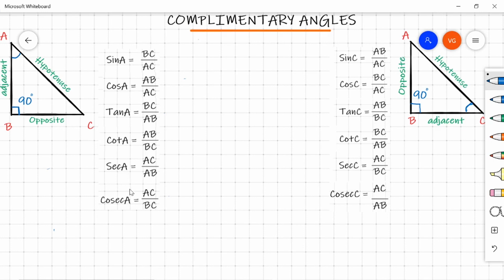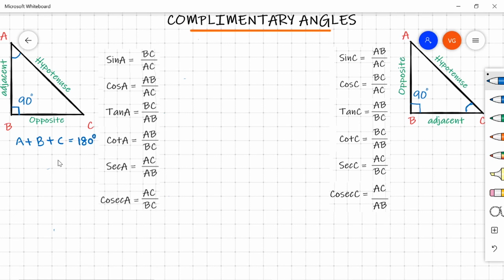So once you have listed down everything here, now coming to the complementary angles: if the sum of two angles is 90 degrees, then we call those two complementary angles, right? So here in the given triangle ABC, the sum of all the angles, that is A plus B plus C, is equal to 180 degrees, right?